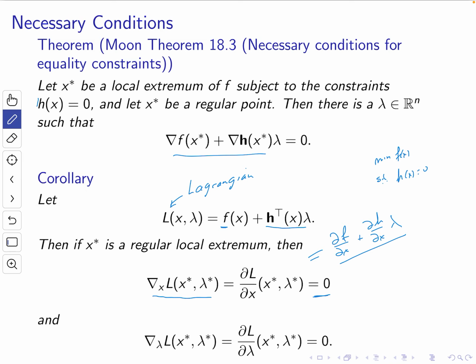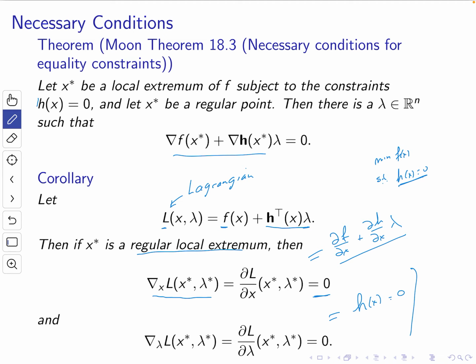And if I take the partial of L with respect to lambda, what happens? It's just going to be h, and that has to equal 0 because that's our constraint. So if it's a regular local extremum, then both of these things have to be true. This is a necessary condition for it to be a local extremum.